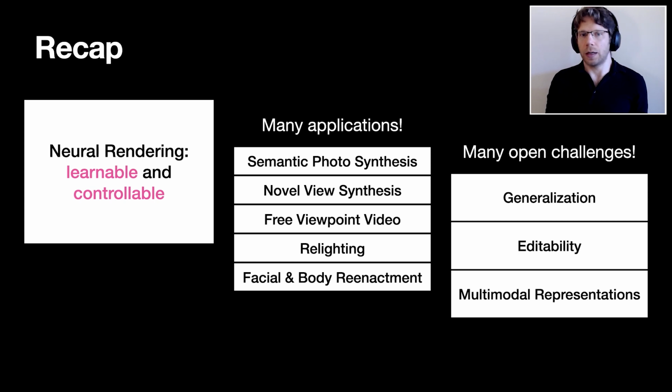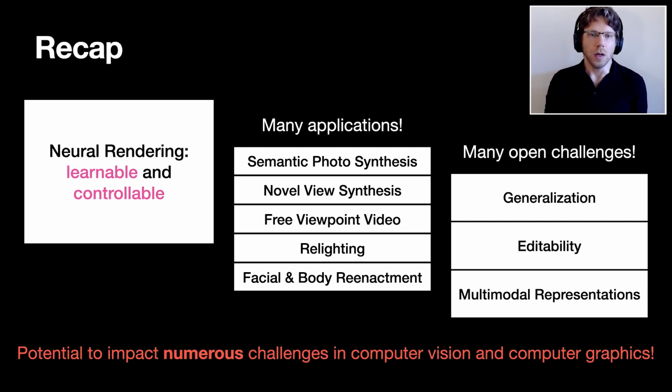And of course, there are many open challenges, of which we talked about generalization, editability, and multimodal representations. We truly believe, and hopefully managed to somewhat convince you today, that neural rendering has the potential to impact numerous challenges in both computer vision and computer graphics.